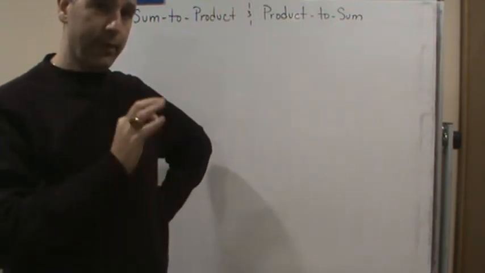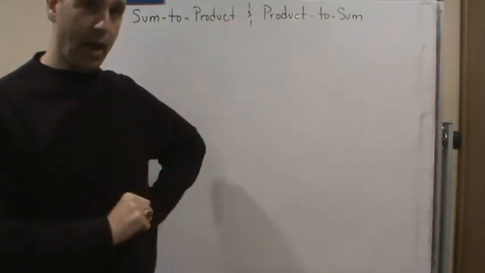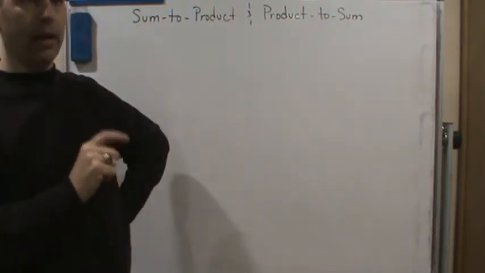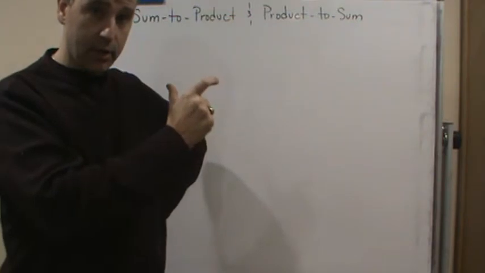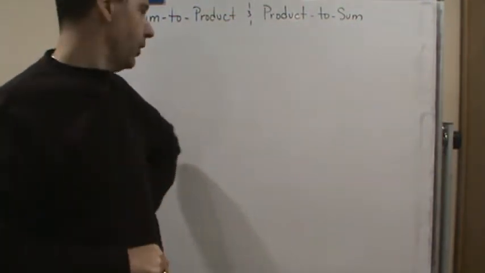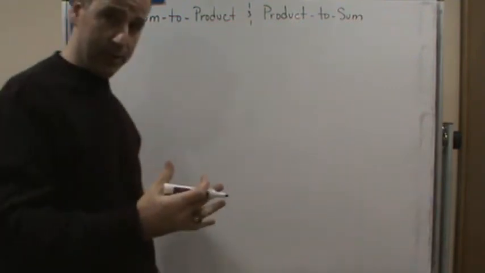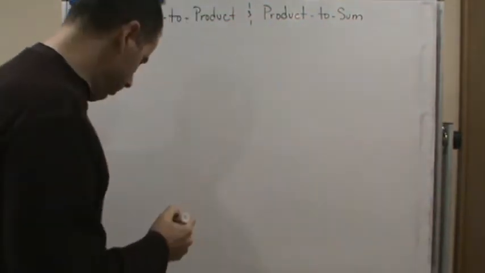And going from that product to a sum, or that involves, not a sum, but that involves just a product of sine, okay? So in order to do that, we're going to take the difference of the cosine.